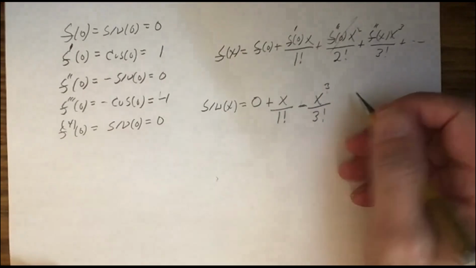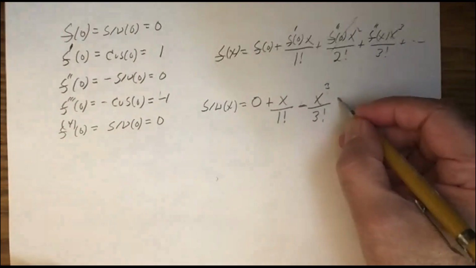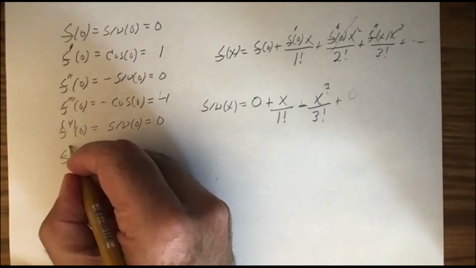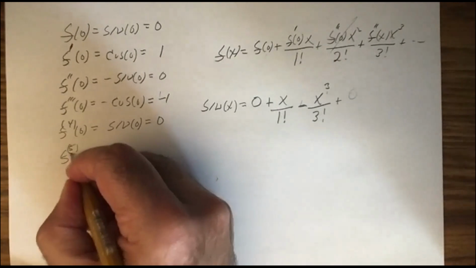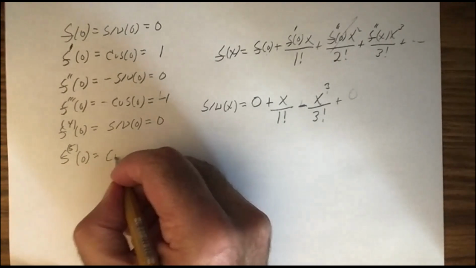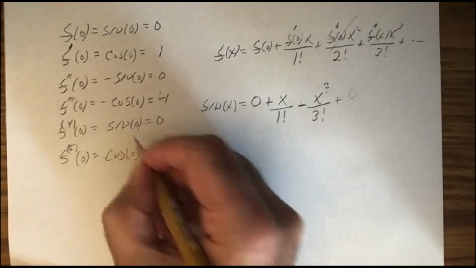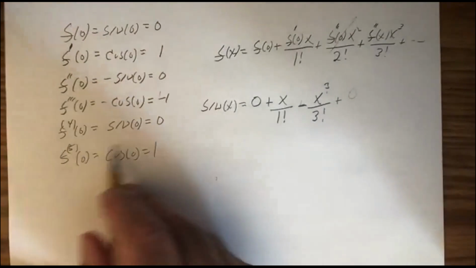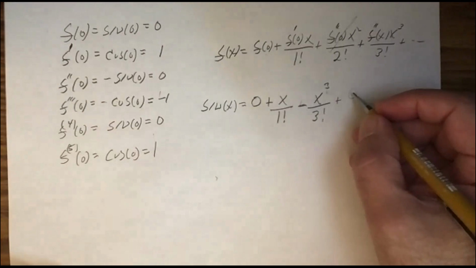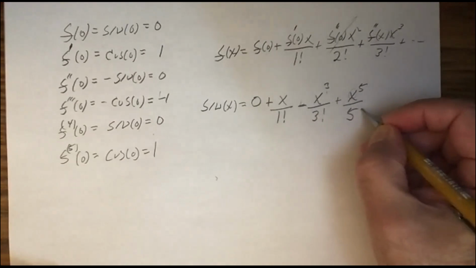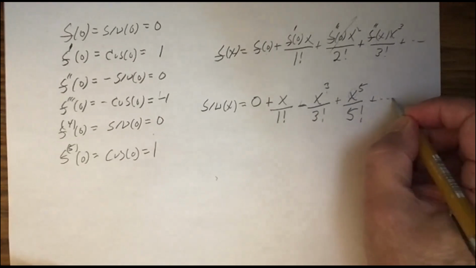And then the fourth one is 0, so I'm going to have a 0 here. And then the fifth one, which I didn't do, this would be 1 again. This would be the cosine of 0, and I take the derivative of that, this would be the cosine of 0, which is 1. So then this is going to give me x to the fifth divided by 5 factorial.